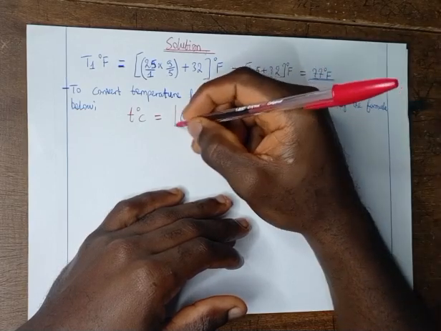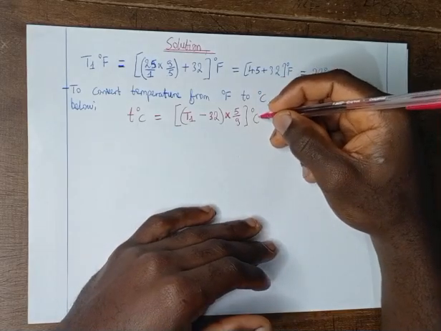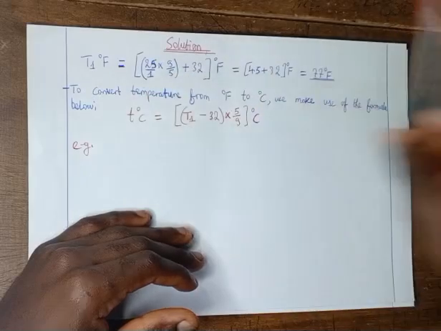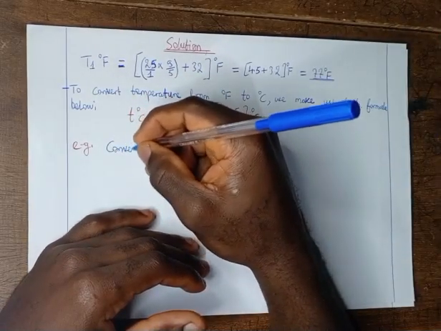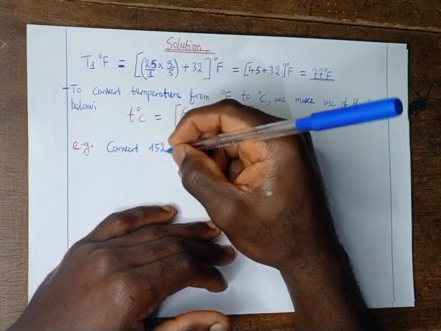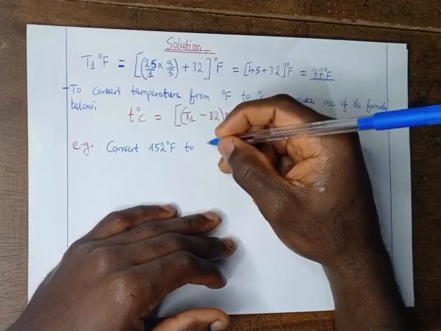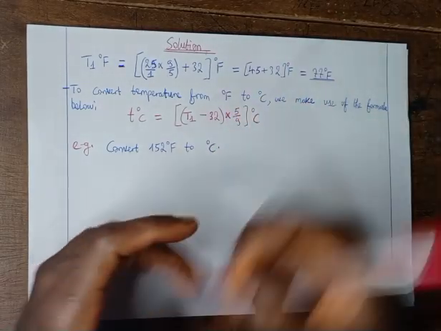And all this value will take the unit degrees Celsius. For example, convert 152 degrees Fahrenheit to degrees Celsius. Let's take the solution.